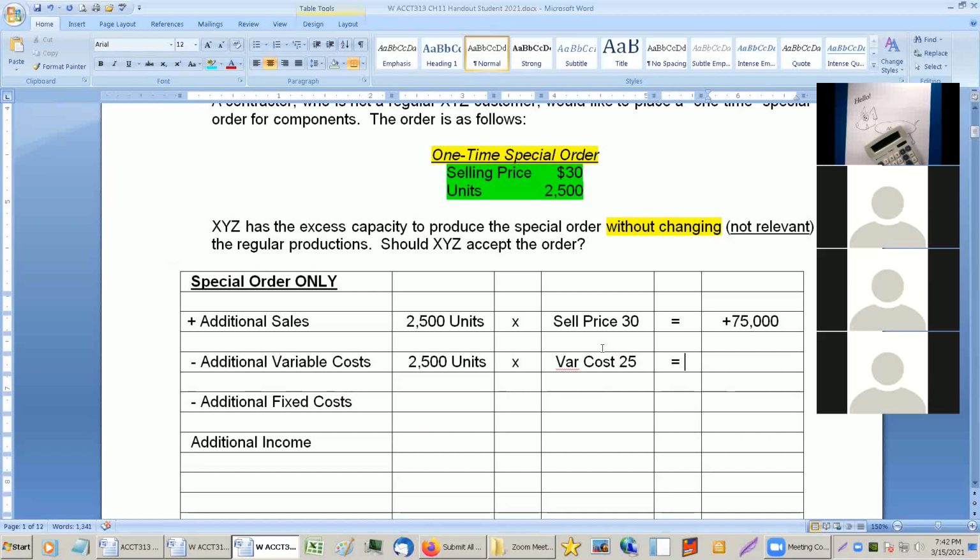And now this is going to be negative because this is money going out. Each one's going to cost us a variable cost of $25 each. So that is 2,500.